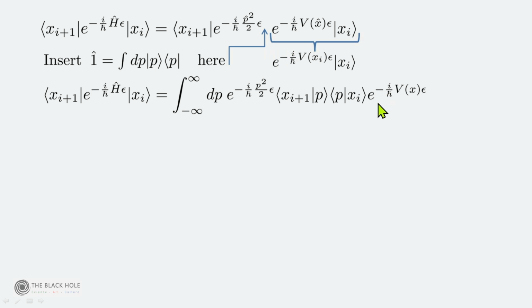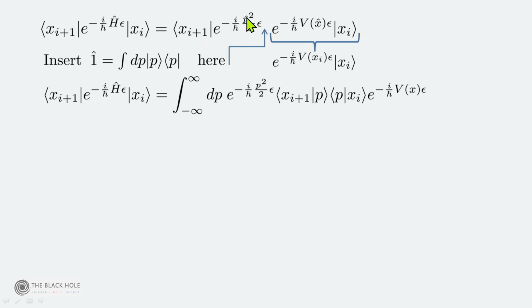This stuff is as before over here. Remember that this over here is now just a number. By my putting in p here, I had to take the overlap, the scalar product with xi, and similarly this over here with xi plus 1.